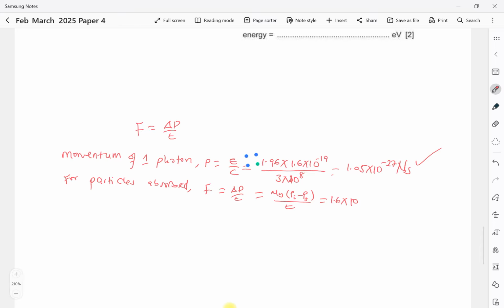So those absorbed was half, which is 1.6 times 10 to the power of 16. This is N over T.